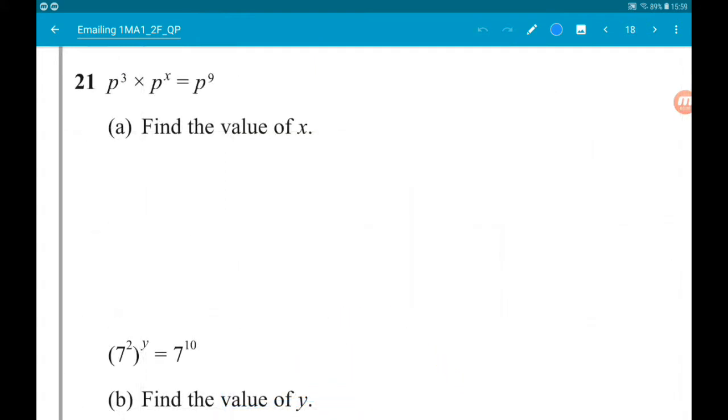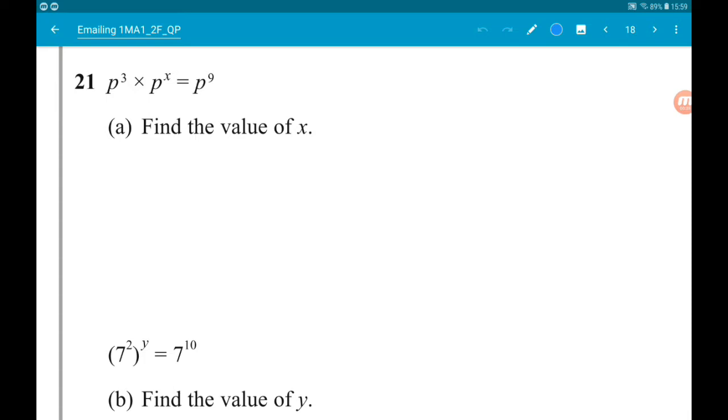Okay, number 21, we have indices, so I've got a whole playlist on these, it's down below. So, part A says p to the power 3 times p to the power x is equal to p to the power of 9. We want to work out the value of x. Okay, so by the multiplication rule of indices, when you multiply the same base number together, you add the powers.